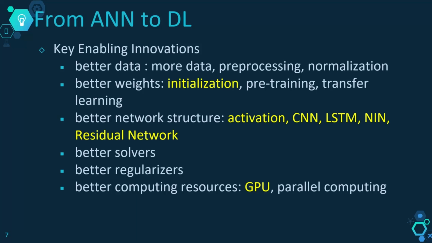Even with very big amounts of data, our networks are getting more and more complicated. So for deep learning, it's really easy to get overfitting issues. One classic solution to that issue in deep learning is to use better regularizers, or take advantage of regularization. And of course, we also have better computing resources, GPU and parallel computing.